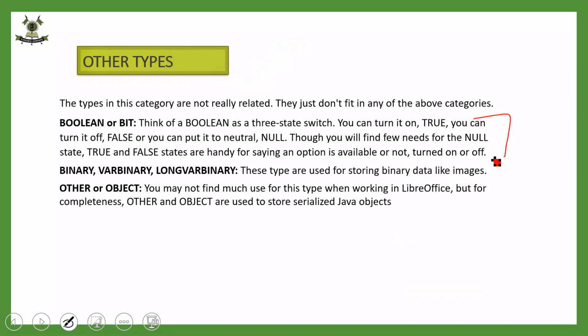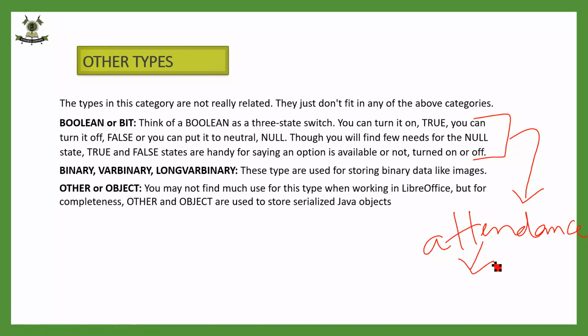For example, if you have a field such as attendance of the child, you want to write whether a child is present or not. If the child is present, you declare it as yes, otherwise no. So whenever you have a field which has two values, either true or false, it can have the data type of boolean.